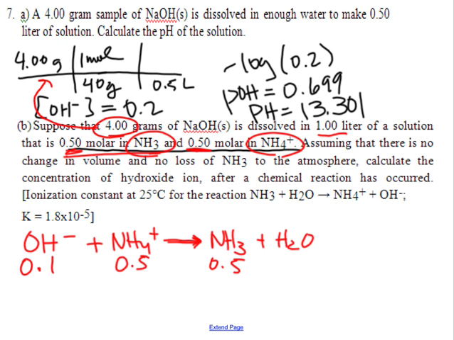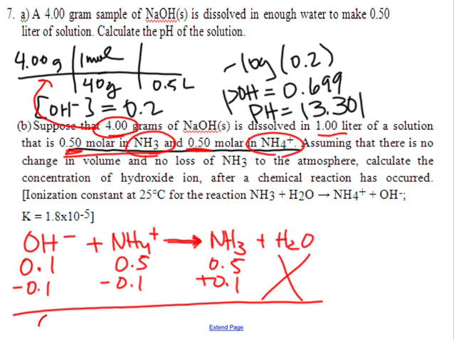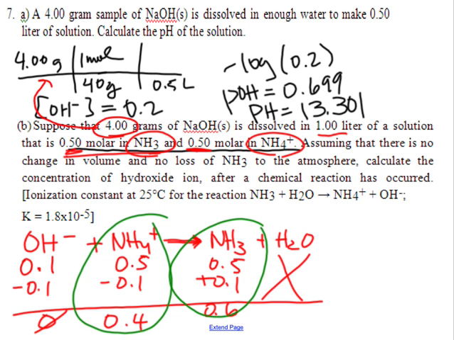Those are my moles. All right. Who runs out? OH minus. So we get 0.4 and 0.6. What do we have left over? The buffer wins. The buffer's like, ha, you did not screw up my capacity. This buffer could handle that invasion.